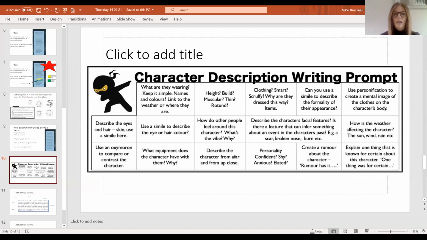And then if you scroll down, you've got all these references down the side here that will help you. So if you're not sure of similes, metaphors, or any of the other references that we've been talking about with the grammar this week, then definitely click on that link and that will help you.